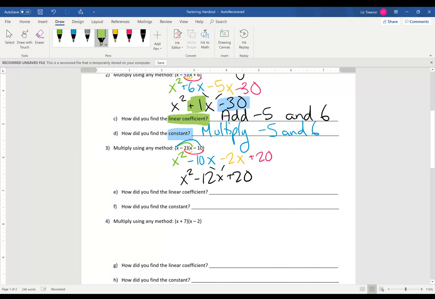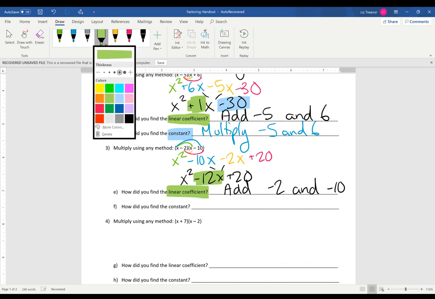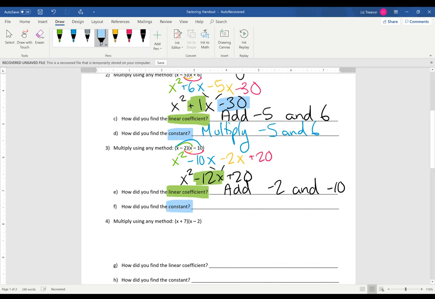And how did we get our linear coefficient? We added negative 2 and negative 10. And how did we get the constant, which is 20? We multiplied negative 2 and negative 10.